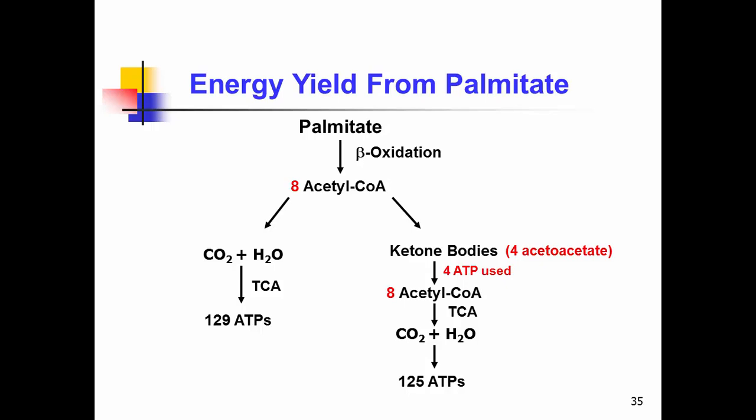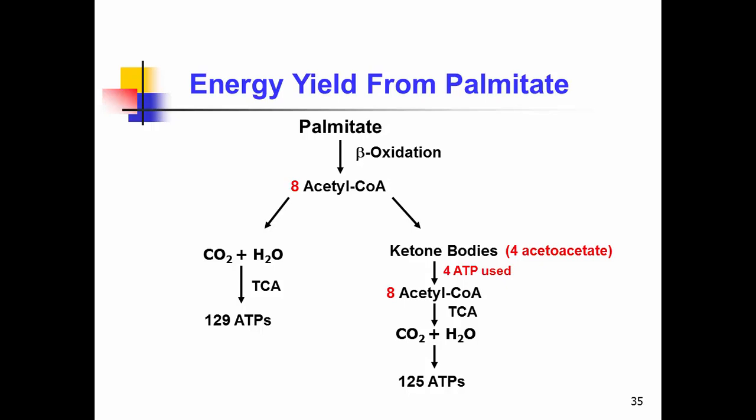For complete oxidation you generate 129 ATPs, but because you use 4 ATPs, you have less ATP being generated if fatty acids go through beta oxidation, ketogenesis, and then the ketone body oxidation pathway.